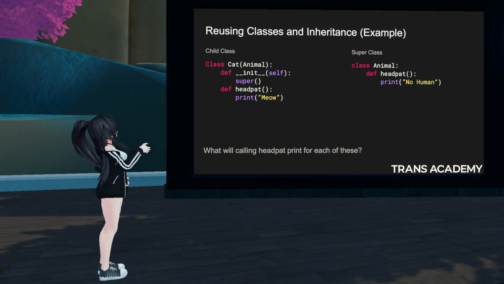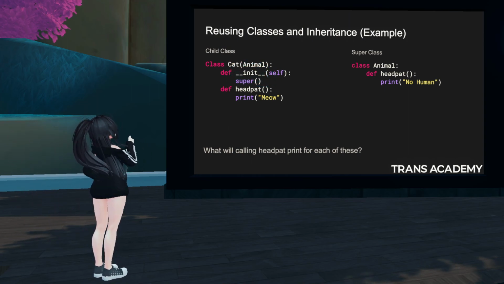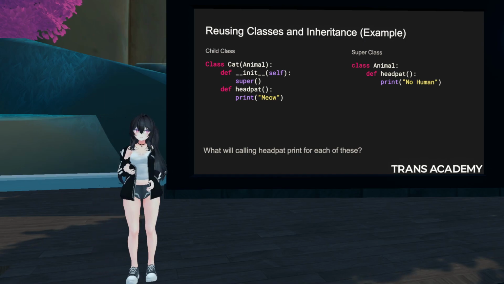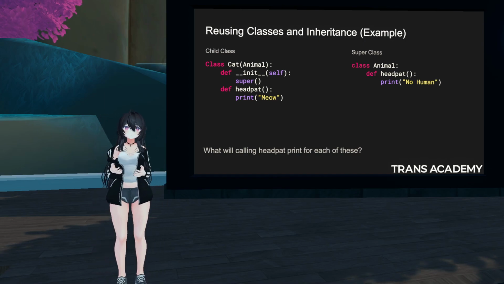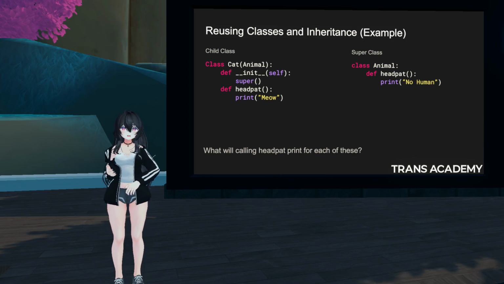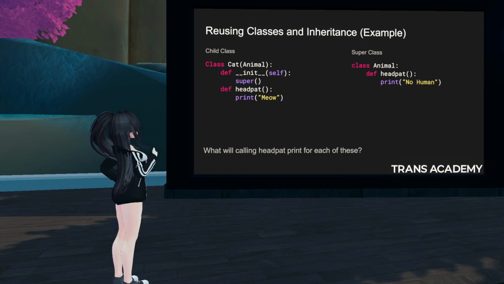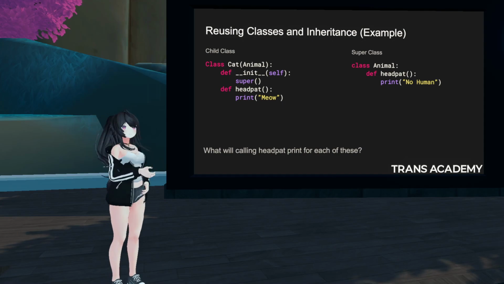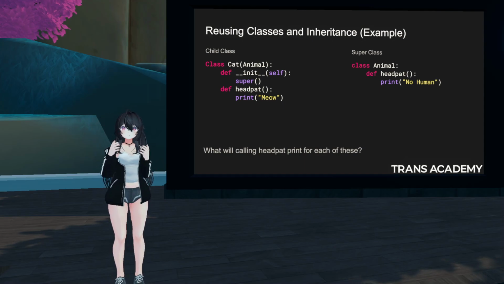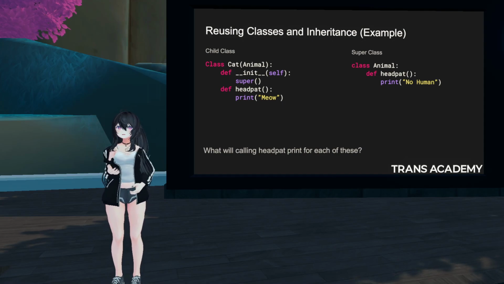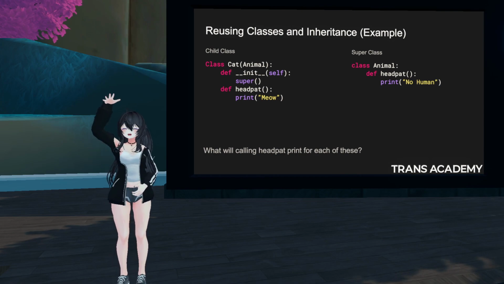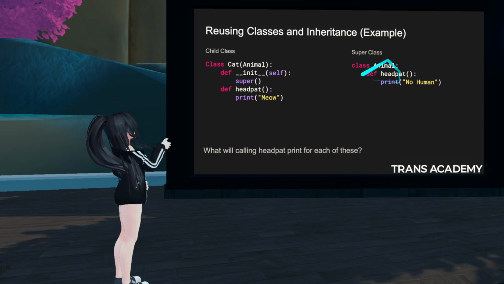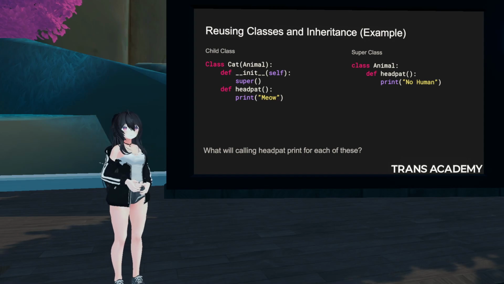In the example here for cat, when we do define underscore underscore init underscore underscore, this within Python is what the constructor looks like. Very importantly, the constructor here calls super. Super is referring back to the constructor of its parent class, which in this case is animal.